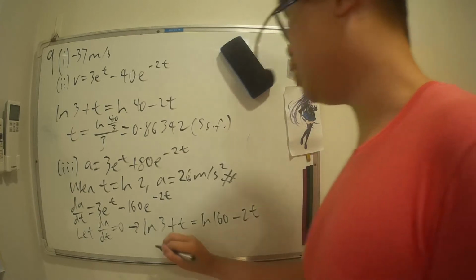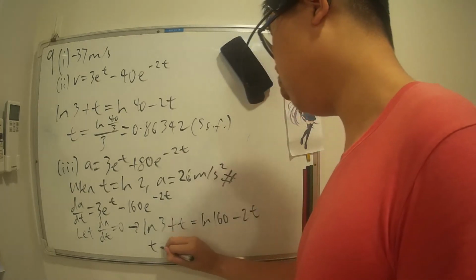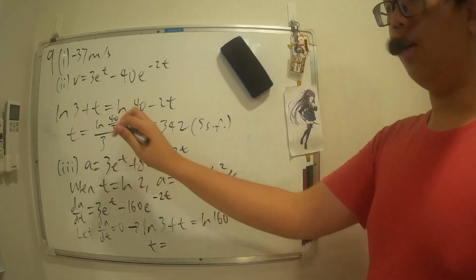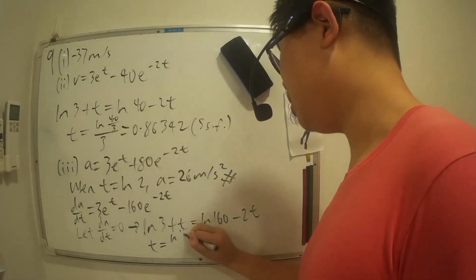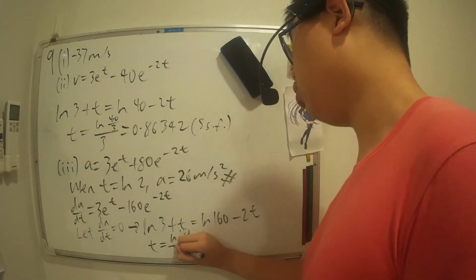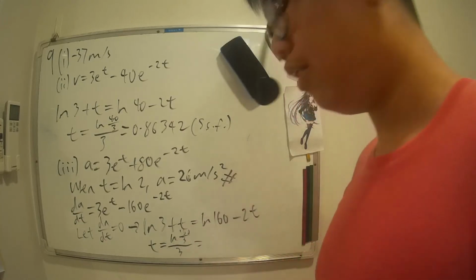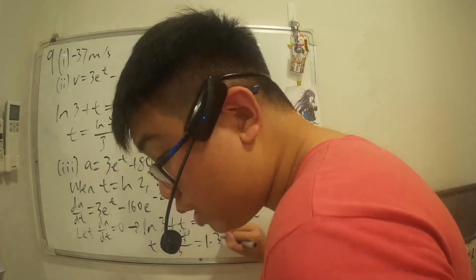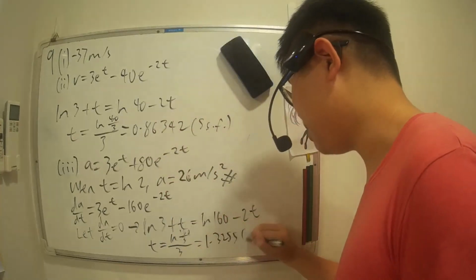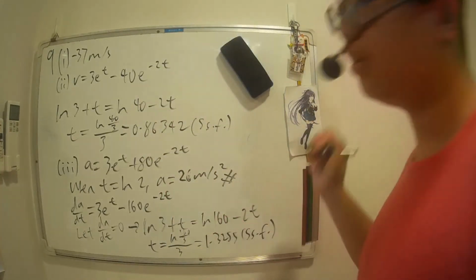And that just means that from here, t is equal to, very similar to what we did above, ln 160 over 3, the whole thing over 3. And of course, that's the exact, but if you want to evaluate, that is 1.3255 5 SF. Cool? Alright.